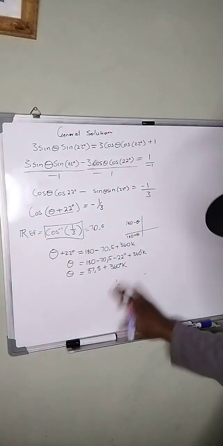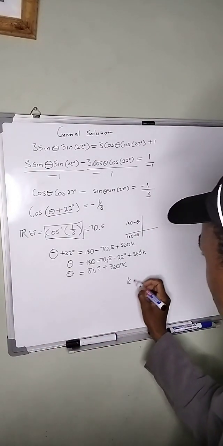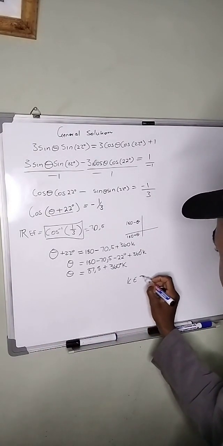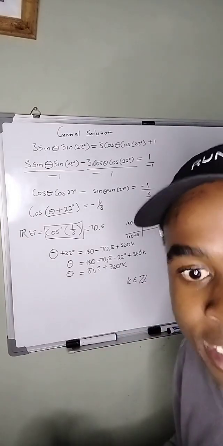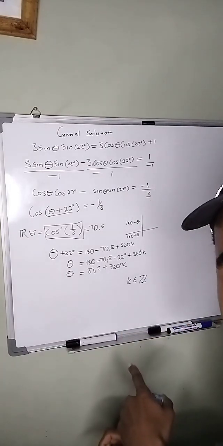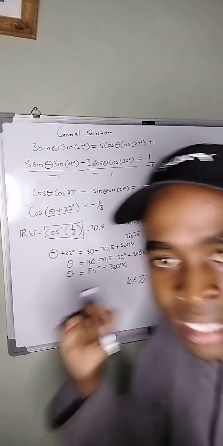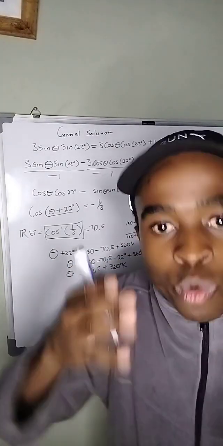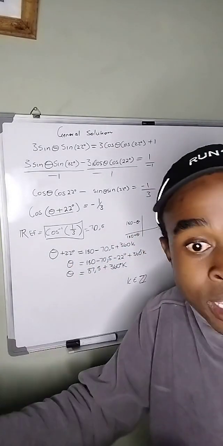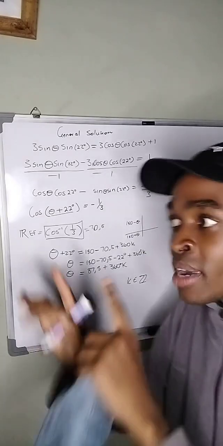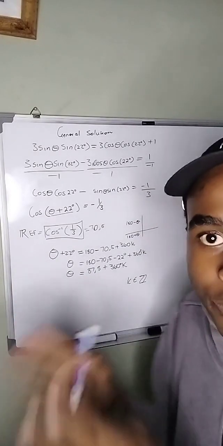But the moment you say k is an element of integers, it means k can be 1, 2, but it can't be 1,5, 2,3 or 4,6. There's no such thing for k.